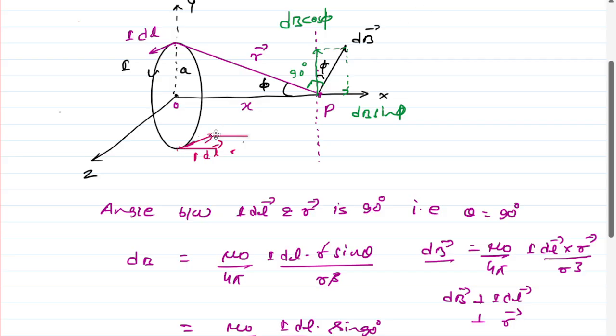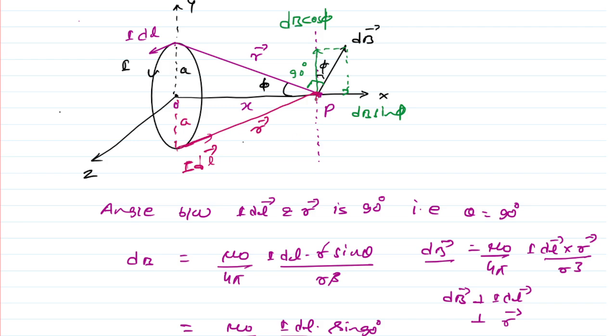So let us write down their position vector. This is also radius a only. So now again, the same triangle.